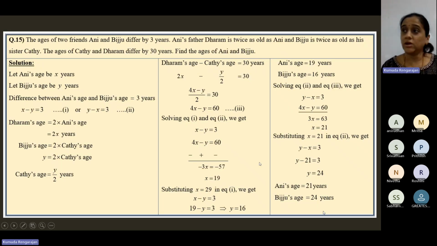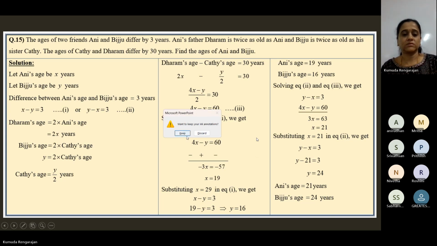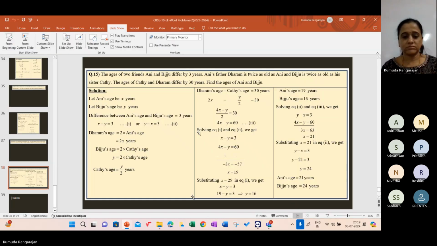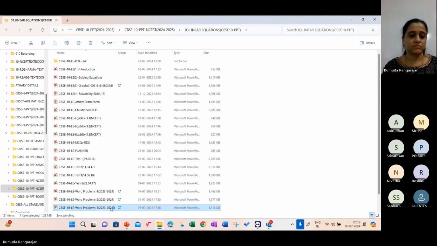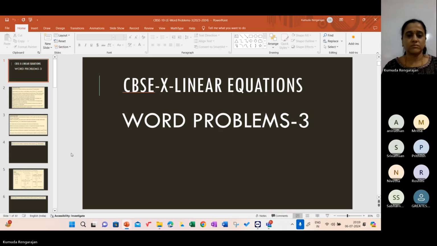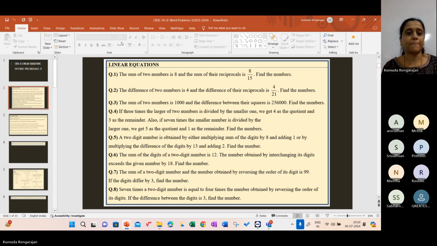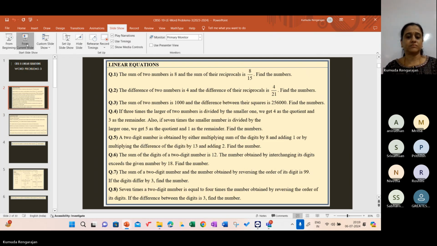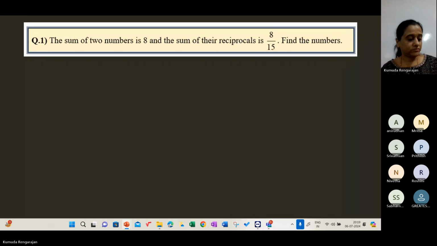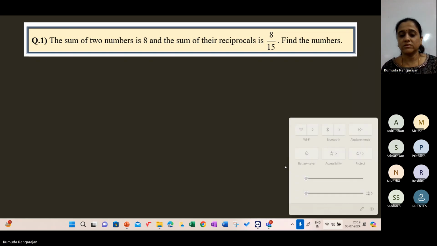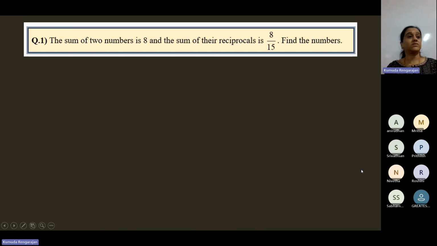I'm not asking you if you have any doubts here because we have done some similar to this. The sum of two numbers is 8 and the sum of their reciprocals is 8 by 15.